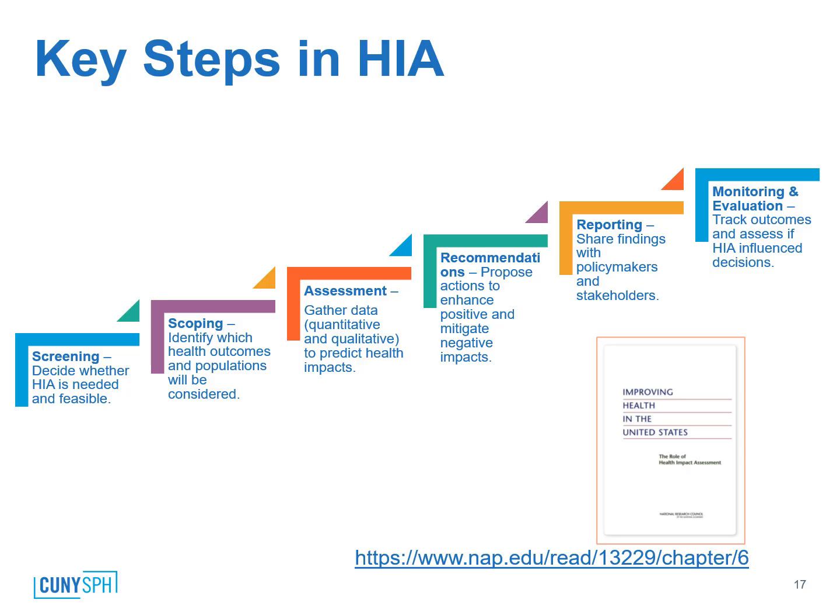Recommendations are then developed to enhance positive impacts and mitigate negative ones. And reporting shares findings with policymakers and other stakeholders. Meanwhile, monitoring and evaluation, which is an ongoing step, tracks whether the HIA influenced decision-making and outcomes.